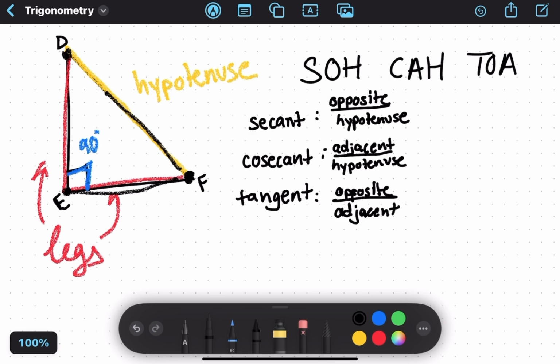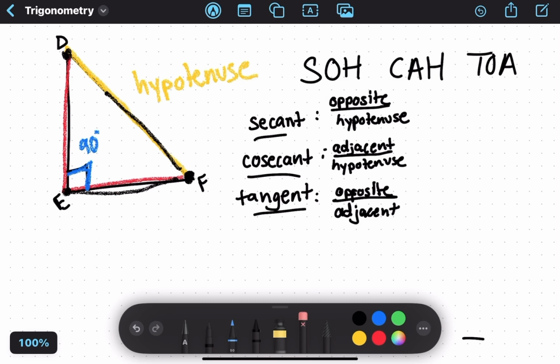Okay, so you're going to be asked to find these ratios of points, not segments. You can't find one of a segment, but you could find one of a point. So let's start with this triangle right here that I have. Let me add some side lengths to it before we continue.